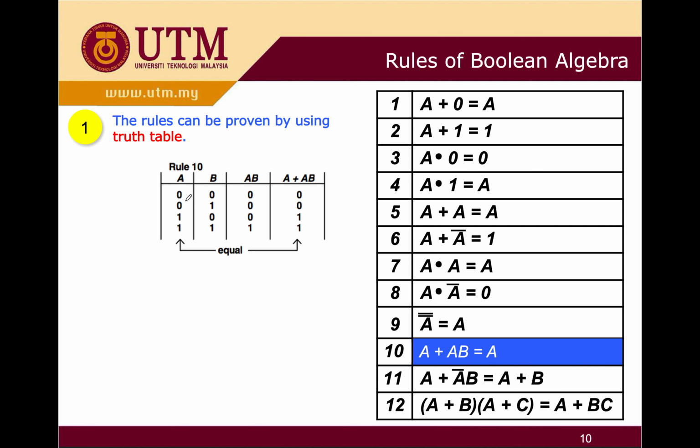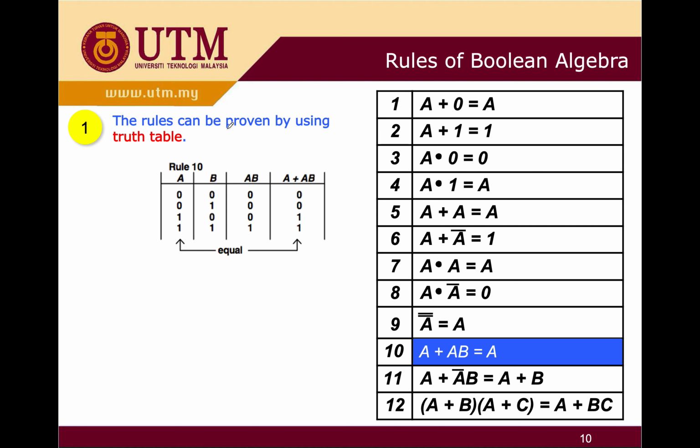So from here, let's draw the possibilities of A and B. Because there are only two inputs, the possibilities are 00, 01, 10, 11. So you have 0, 1, 2, 3 for the decimal, and this is the binary.